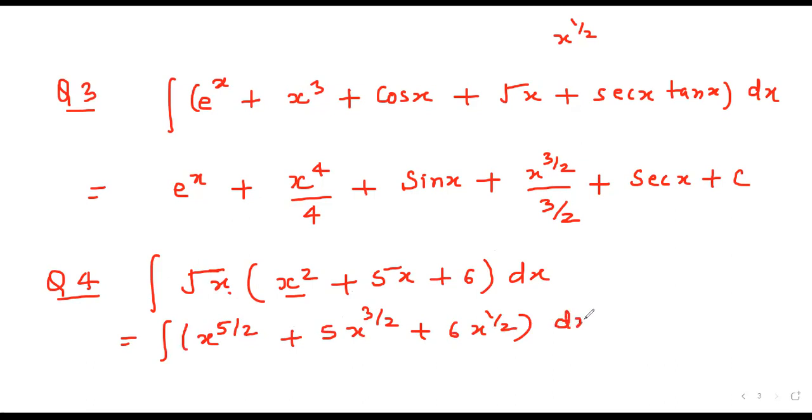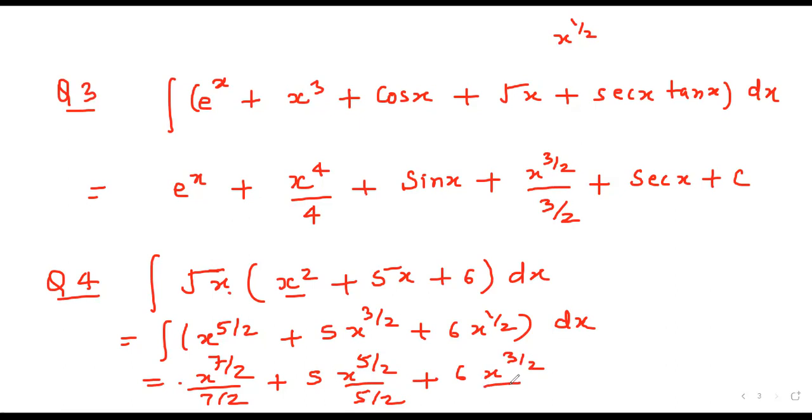Now we integrate. So this will become x power 7 by 2 divided by 7 by 2, which can be written as 2 by 7 x power 7 by 2, plus 5 x power 5 by 2 divided by 5 by 2, which can be rearranged and 5 can be cancelled, plus 6x power 3 by 2 divided by 3 by 2. This can also be rearranged, plus c. Now, next question.